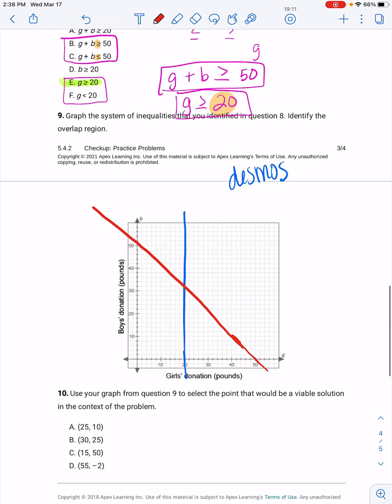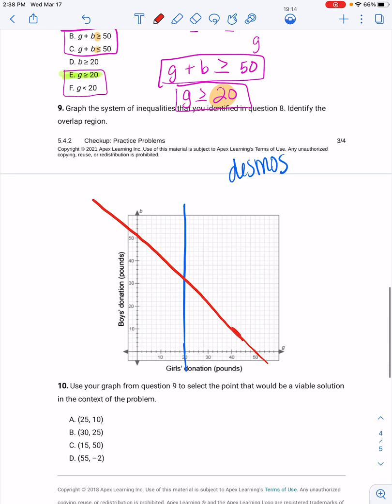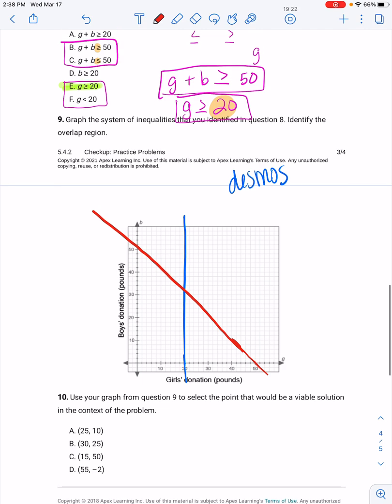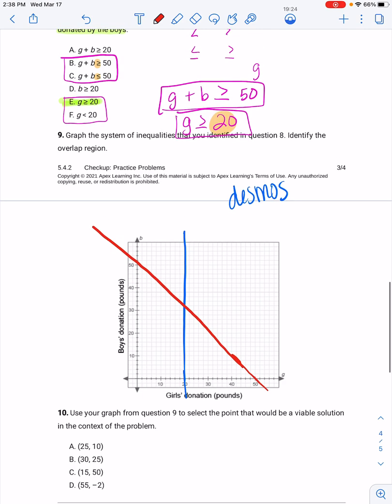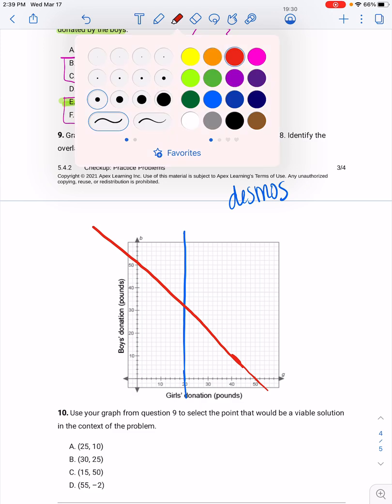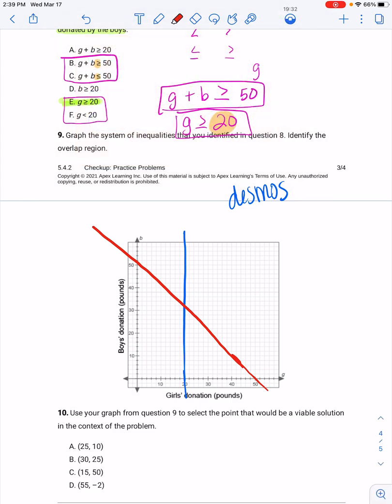So for question 10, it says use your graph from question 9 to select the point that would be a viable solution in the context of the problem. So if we shade in everything, these are both greater than, so the red will be all this over here.